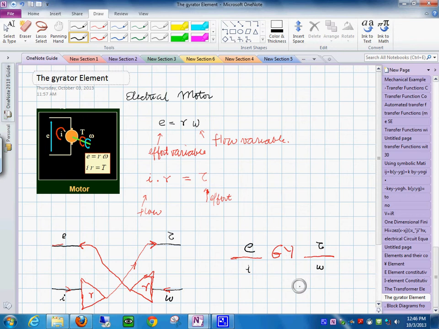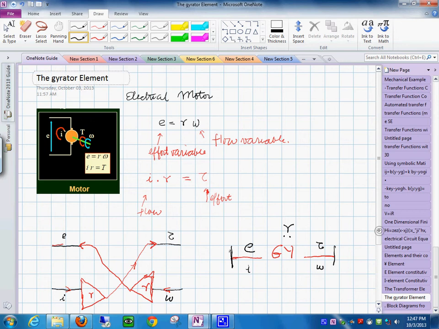Torque, and this is of course the motor constant. So E is caused by this times that. So this is the input, in this case, the input flow. And then times this is going to be this. So flow omega times the modulus equals to this.